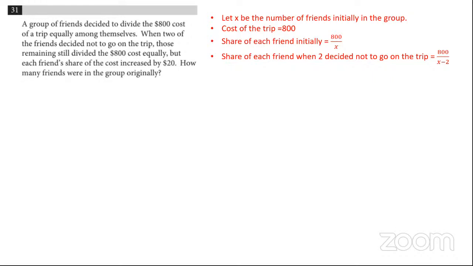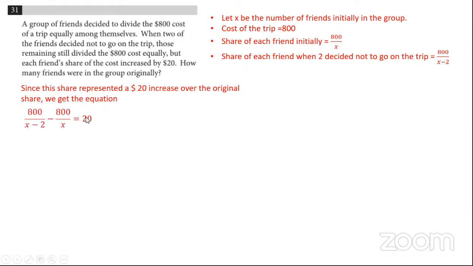Now, what other information are we given? We are also given that there is a $20 increase over the original share. That is, the difference between the final share and the initial share is 20.